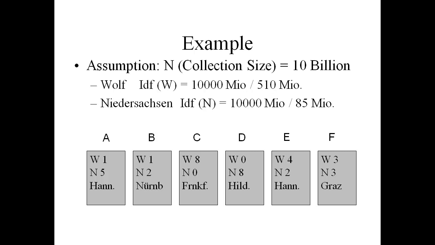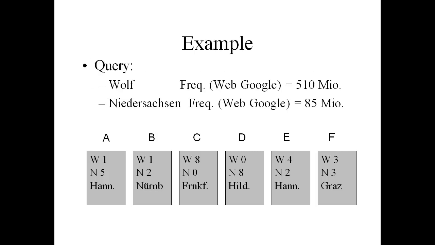In a way, of course, we always want a lot of results, but, well, not really, right? So the term is not so good. Here I did the example calculation. Let's just assume the Google index is 10 billion documents. I have no idea, nobody knows. And then we have, at least Google says, Wolf has 500 million occurrences, Niedersachsen 85 million occurrences.